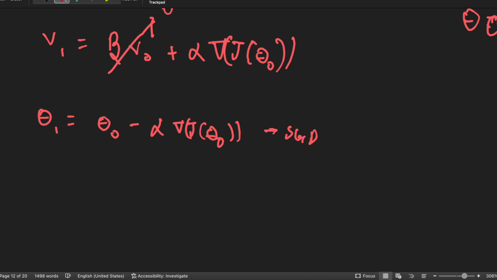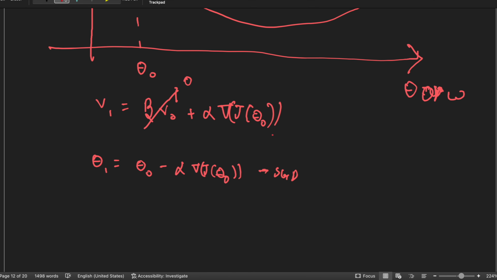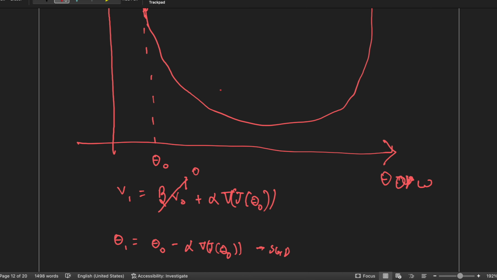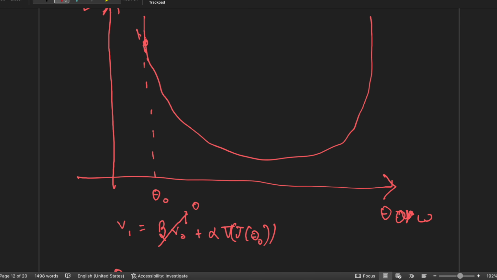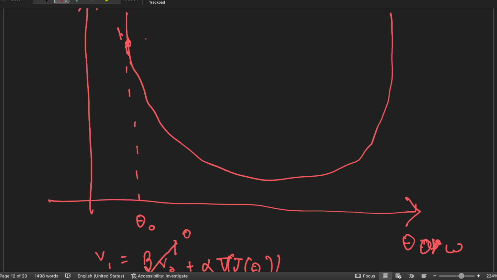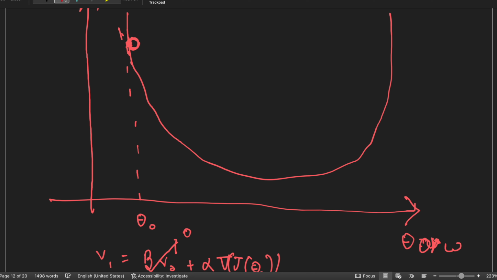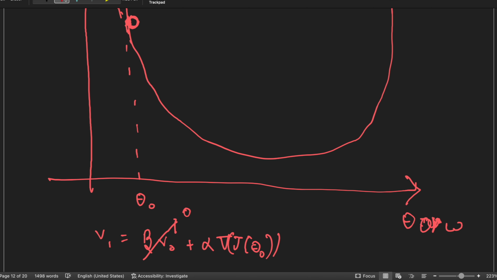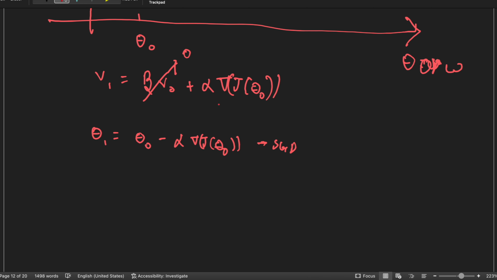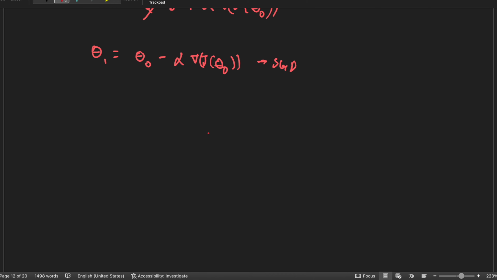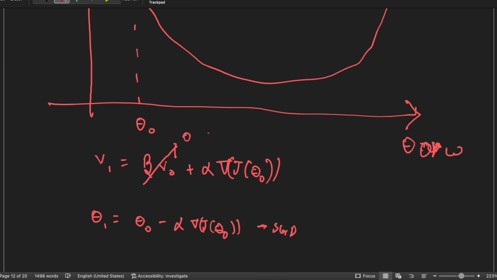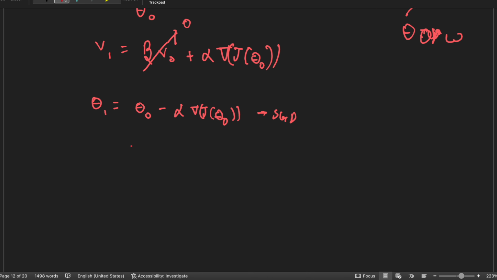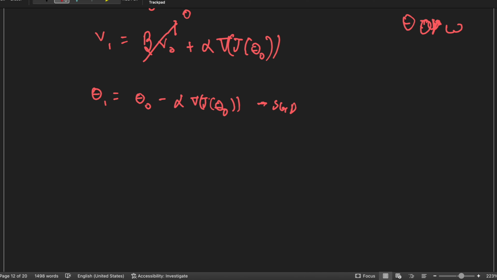It is the same. In the initial step we take our velocity as zero, because we are not giving any velocity to this piece of block or mass m. With the same analogy, our V0 is zero. So for the first iteration, it is basically the same formula as SGD.